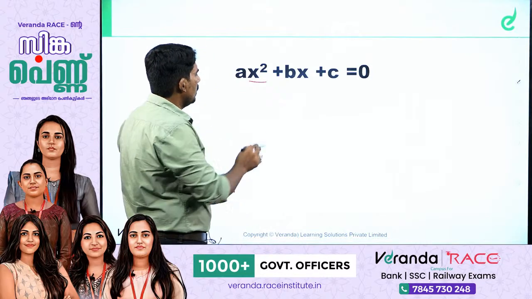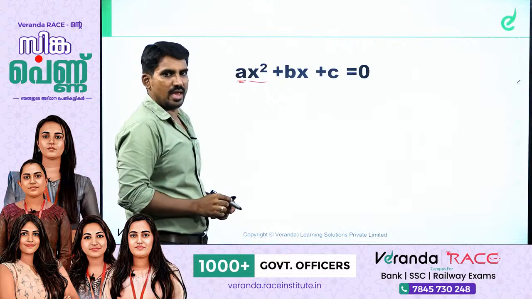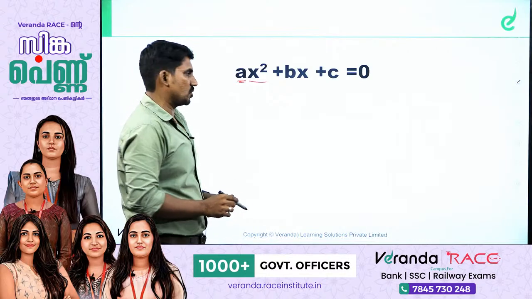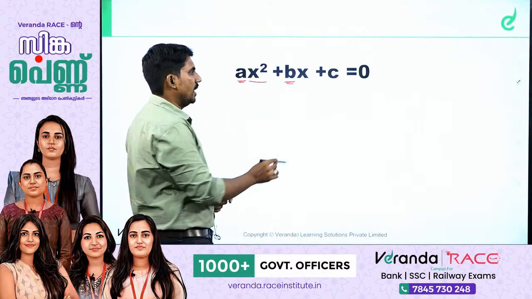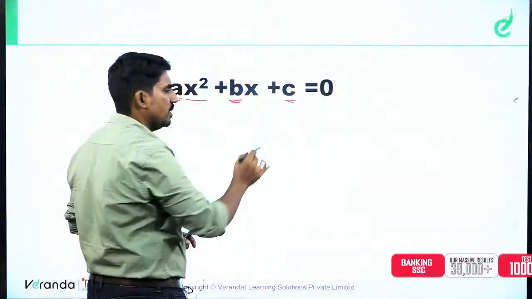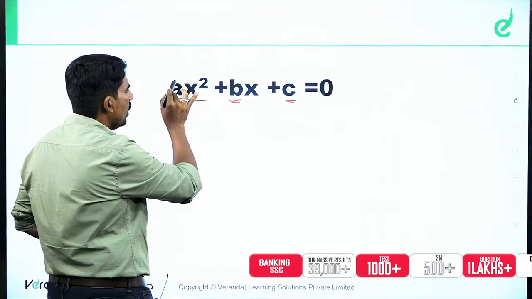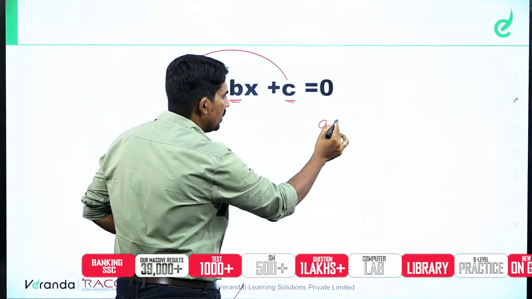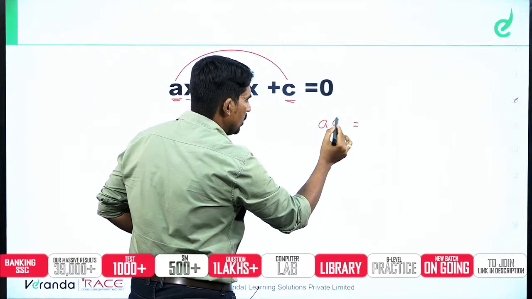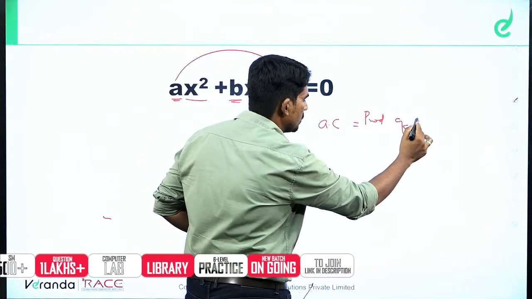Now here this a is the coefficient of x square. B is the coefficient of x. And c is what? Constant. C is one number they will give, constant. Now a into c, don't forget, a into c is nothing but the product of the roots.